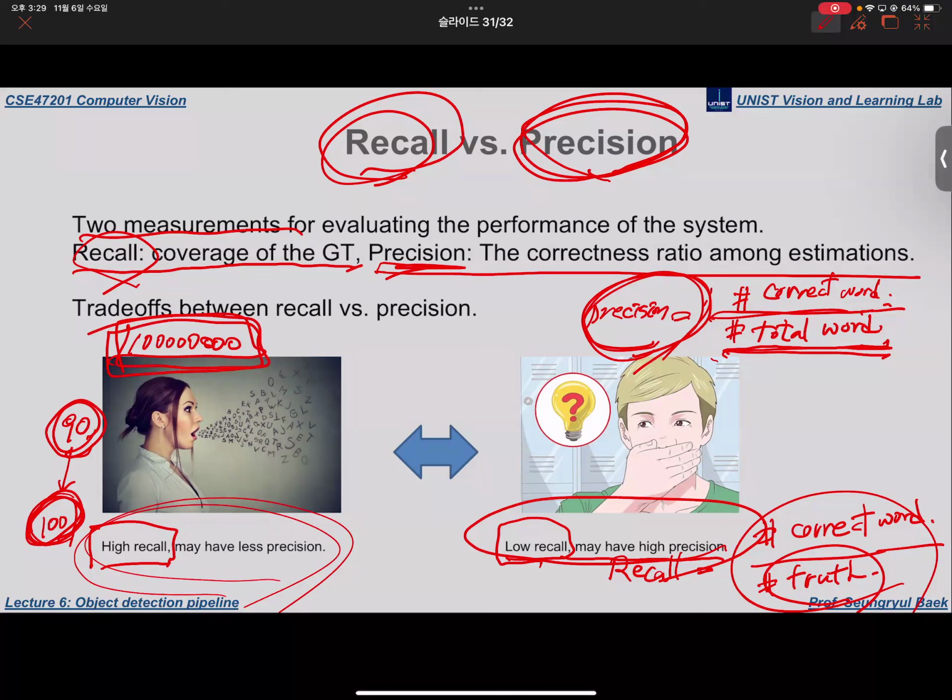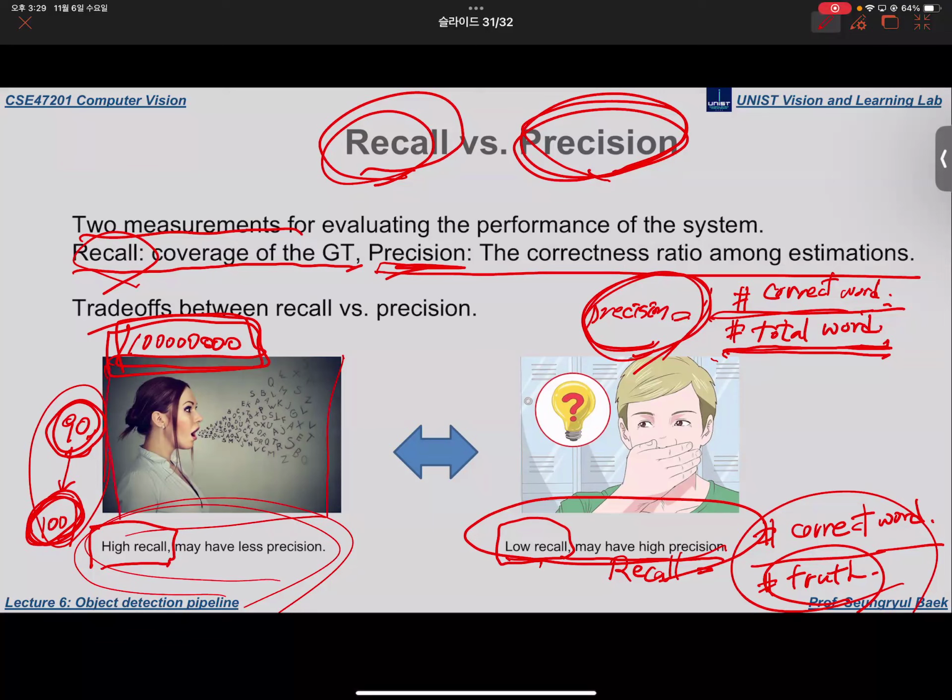So her precision is very low, but because she speaks a lot, she has a high probability to tell the truth in the world. Okay, but this system is also not very desirable, right?